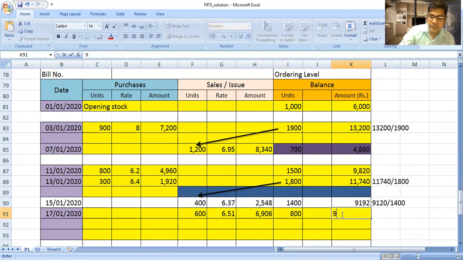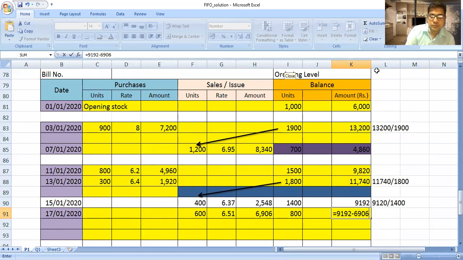Previous balance was 9192. We have to deduct 3906. So you will get the answer.